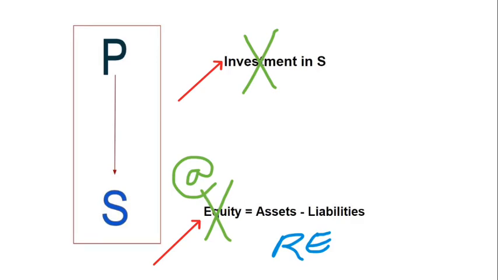From the accounting equation, you also know that the equity of a company equals its assets less its liabilities. What also happened when P obtained this controlling investment in S? We refer to that as a business combination.